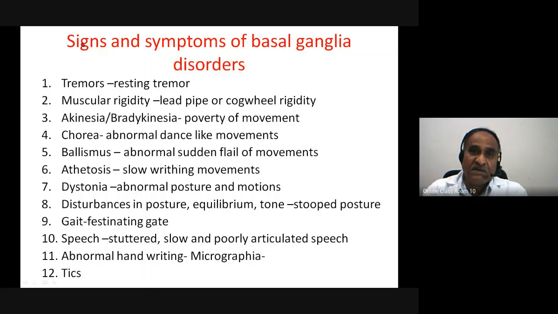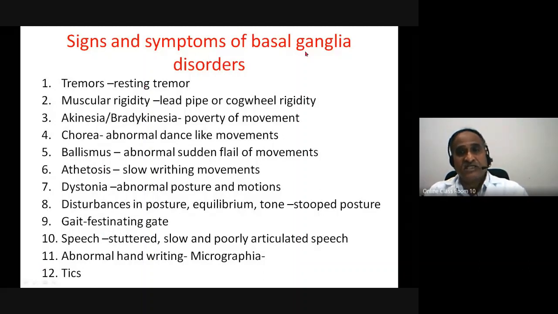These are some of the signs and symptoms. I will read again: tremors, rigidity, akinesia, bradykinesia, chorea, choreatic movements, ballismus movements, athetosis, dystonia, altered posture and equilibrium, the gait, altered speech, micrographia, and tics.